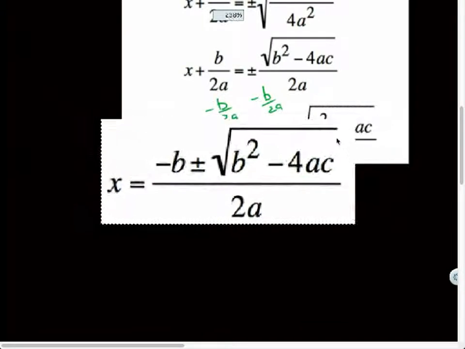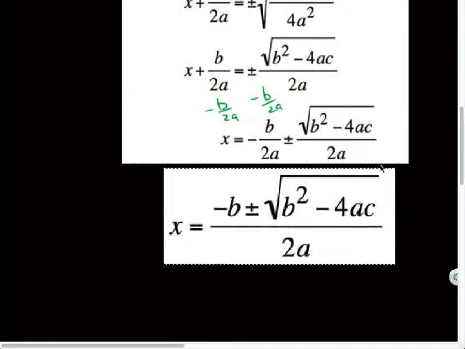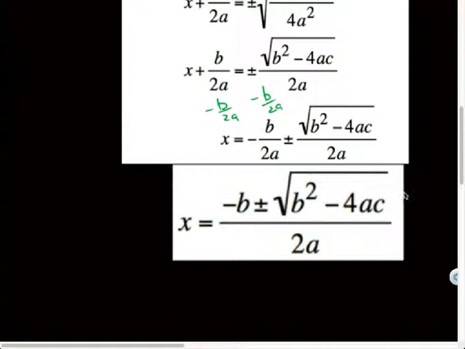Ravioli, ravioli, give me the formuoli. This is what we get right here, the quadratic formula. The math reveals it. x equals the opposite of b plus or minus the square root of b squared minus 4ac, all over 2a.